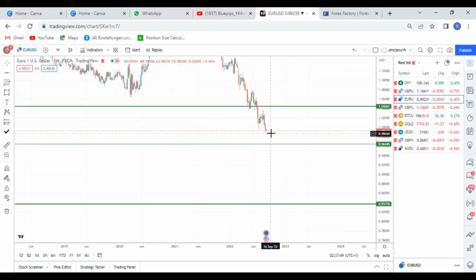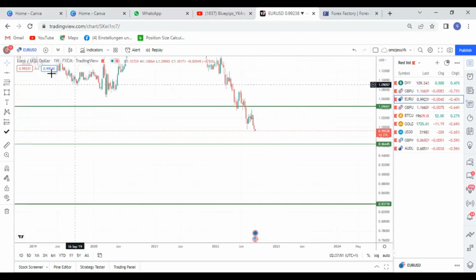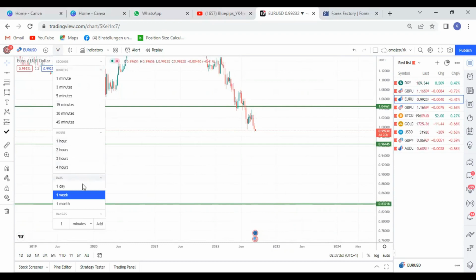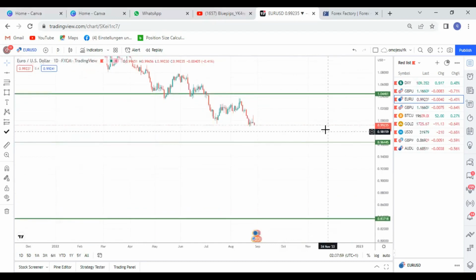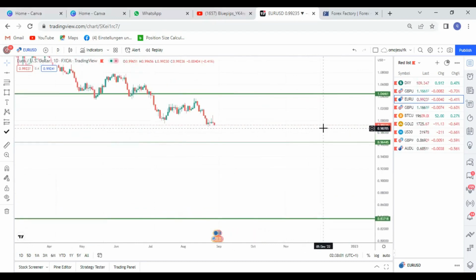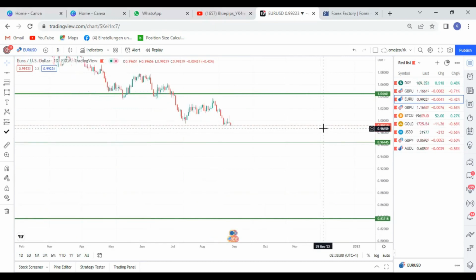I'm not going to be looking for any buying opportunity. Let's go to our daily. All I will do is look for an entry candle and entry pattern on all these pairs.